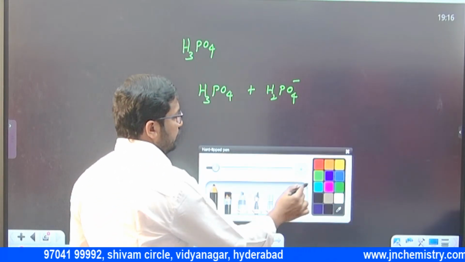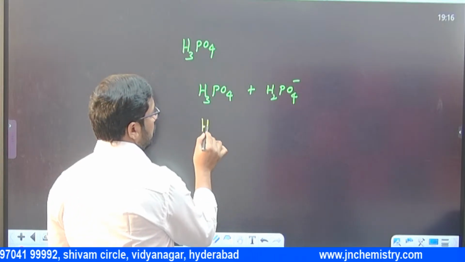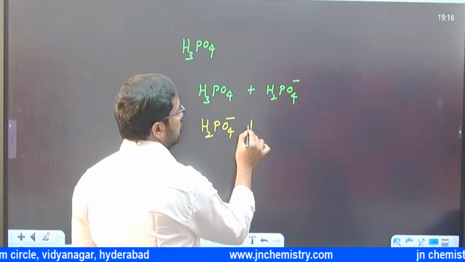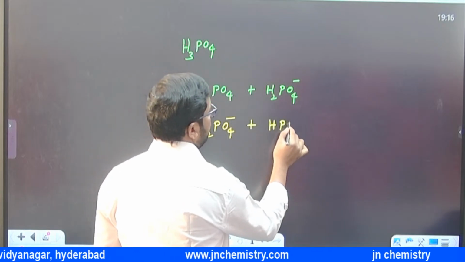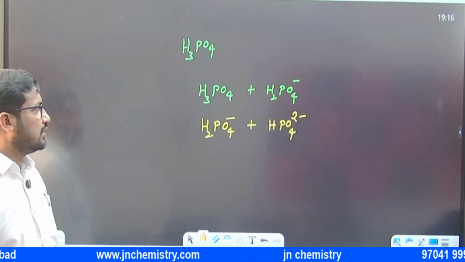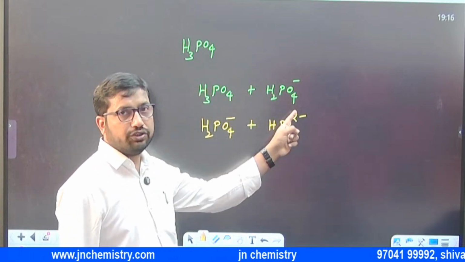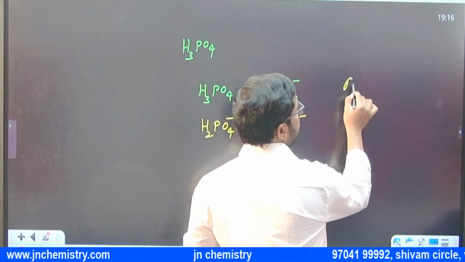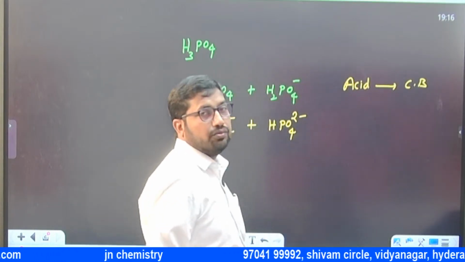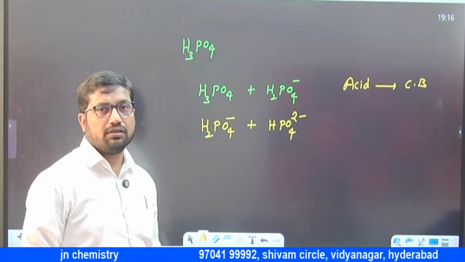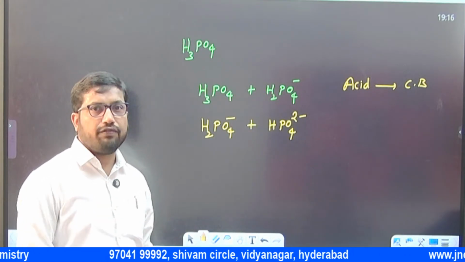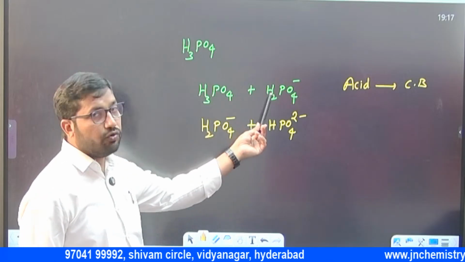And second type: H2PO4 minus plus HPO4 2 minus. This is acid and conjugate base, right? What is conjugate base? From acid to conjugate base, how we will get? Removal of H plus. So here I removed one H plus.